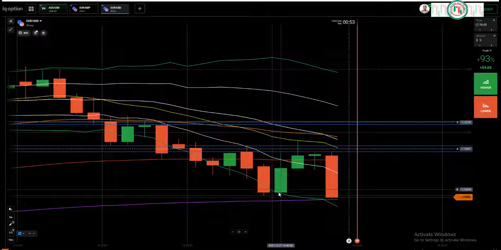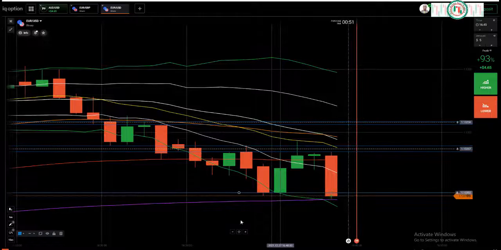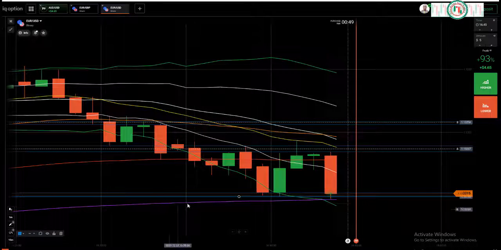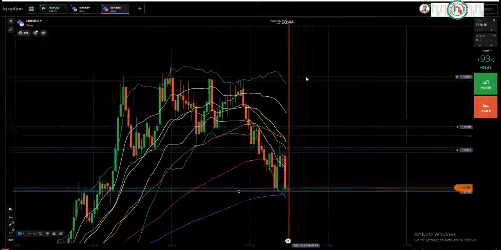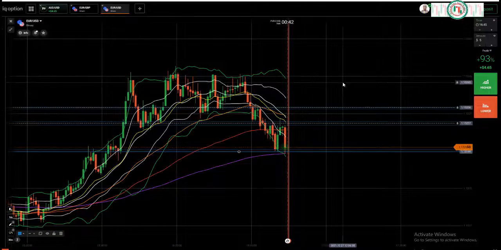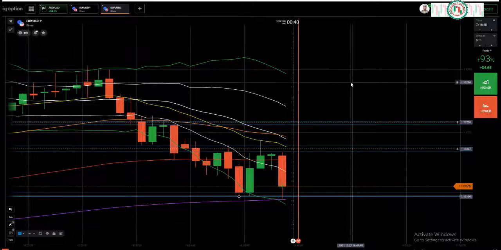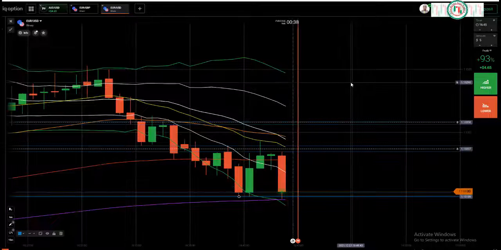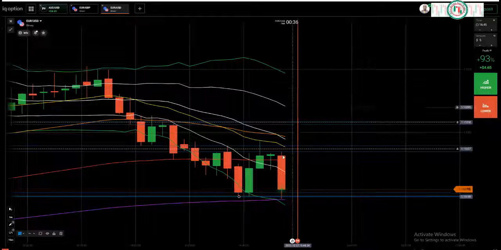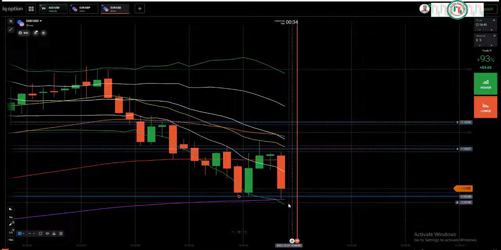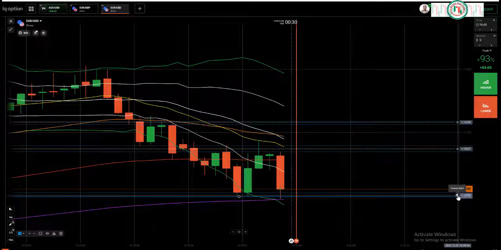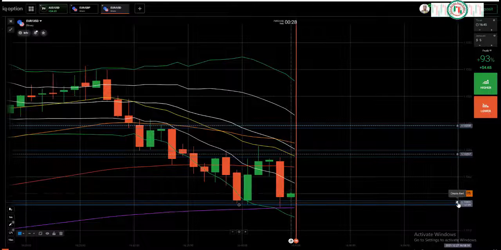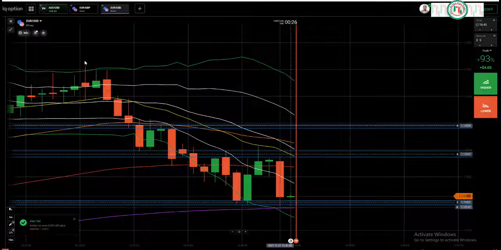This level is a strong area. This market has lost momentum. If market closes at this level, I can place my trade.